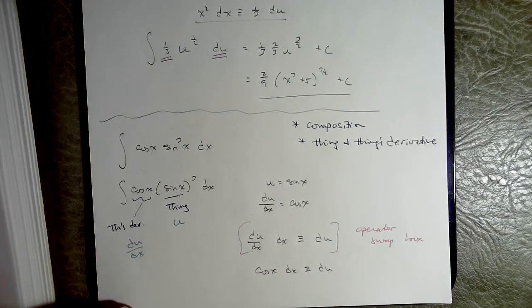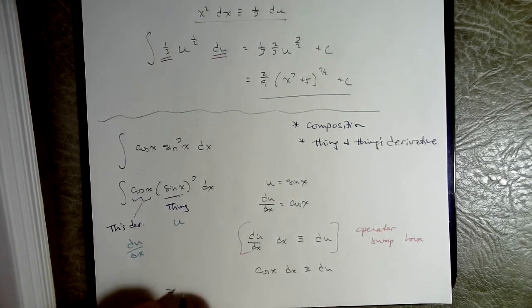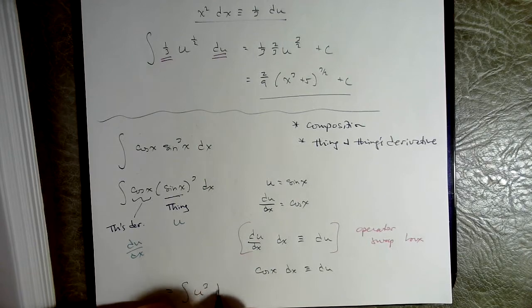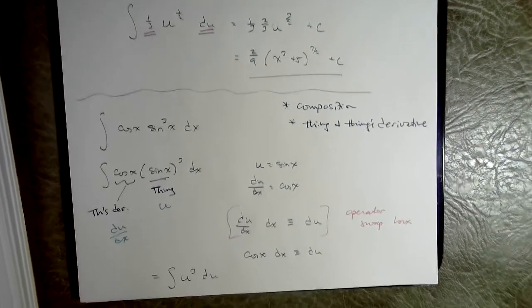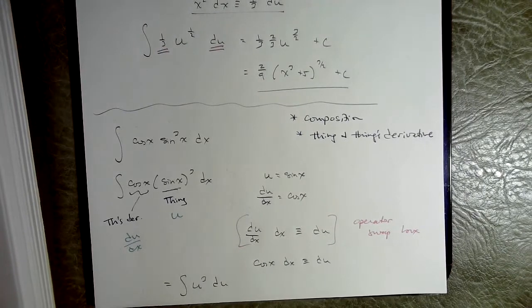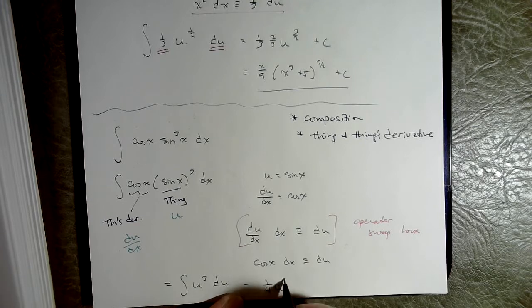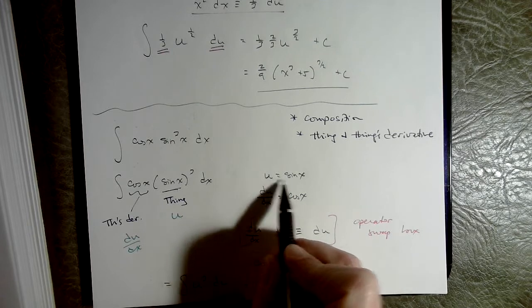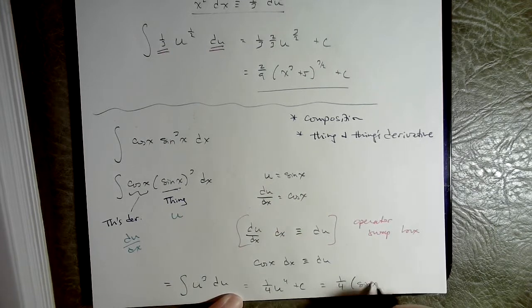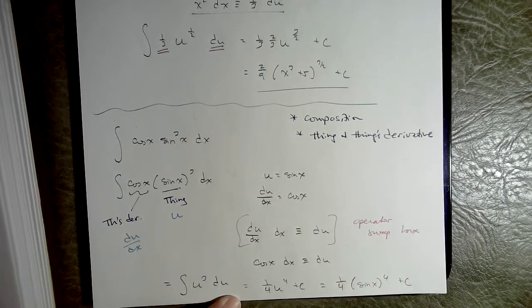I'm going to have u cubed. I've got the integral of u cubed du. Hey, straightforward power function. One quarter u to the 4th plus some constant, swap back in for x. One quarter, u is sine x, to the power of 4 plus c.